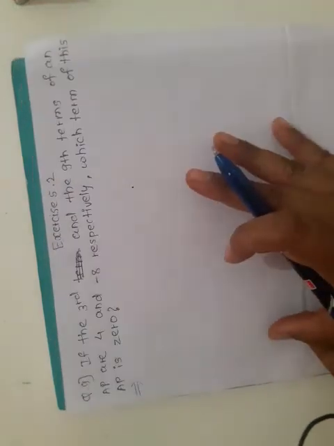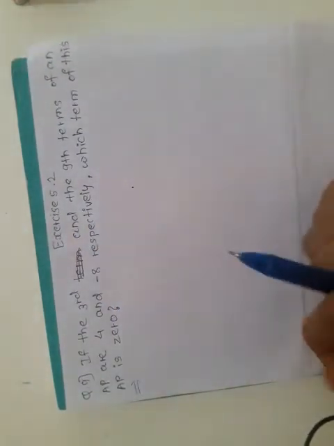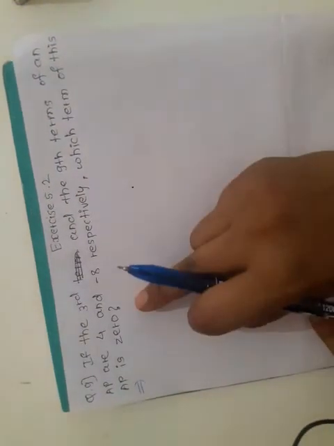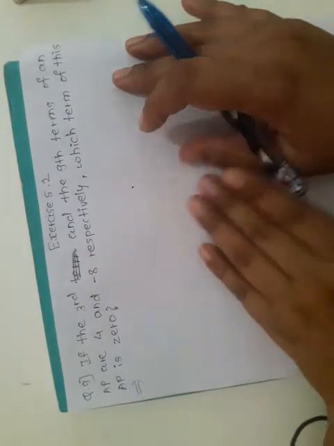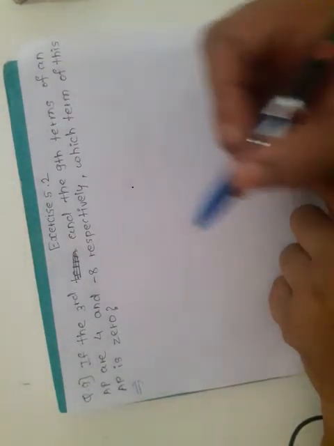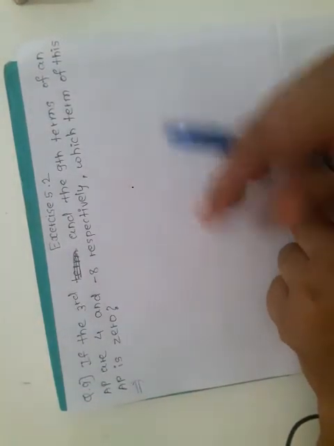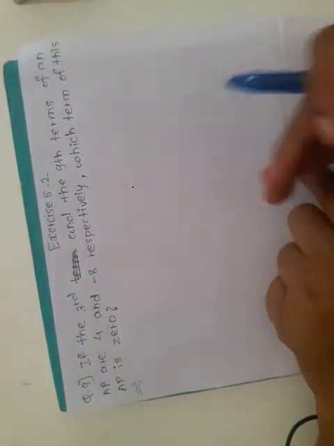The term is not given to us, so we have to suppose 0 is present on the nth term, and then find out the value of n. For finding the nth term we need a, our first term, and the common difference.